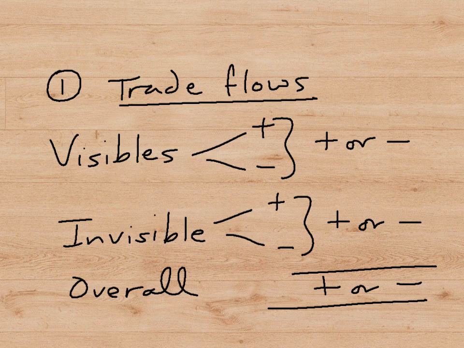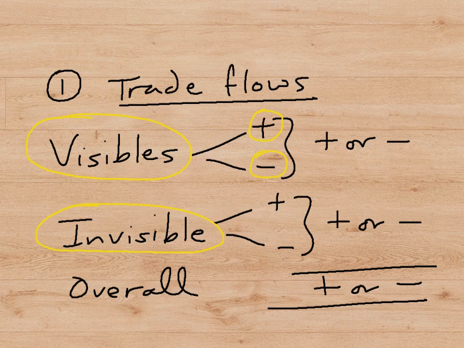Let's look at trade flows. Trade is split into visibles and invisibles. Visibles means goods. Invisibles means services. Exports of goods are given a plus sign because they mean cash inflows. Imports, a minus sign.